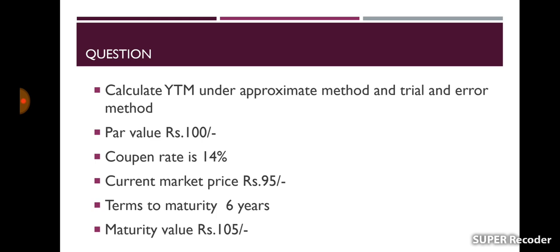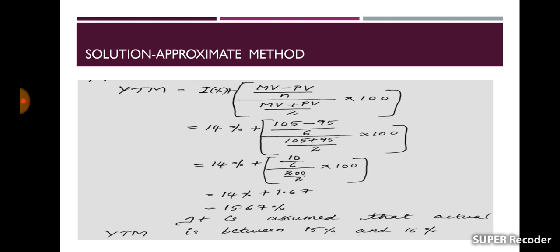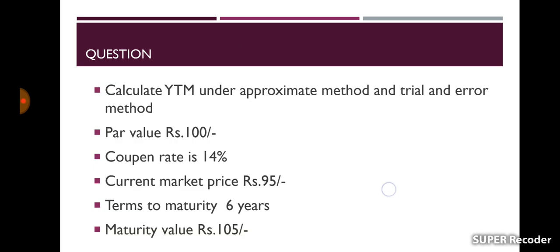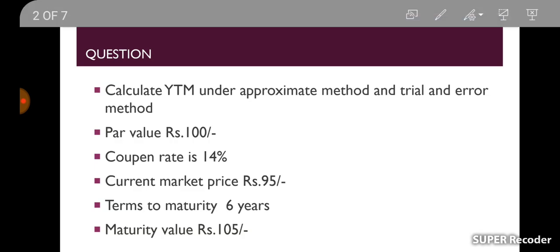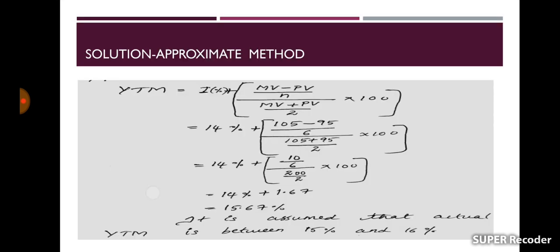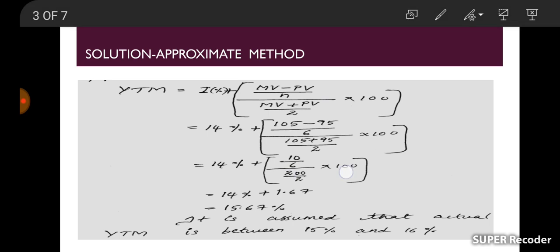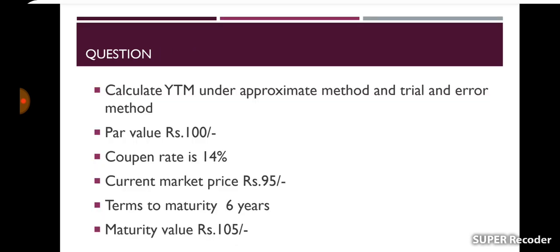Now first we can calculate YTM by using the approximate method. In the approximate method, the equation for calculating YTM is I in percentage plus (maturity value minus present value divided by n) whole, divided by (maturity value plus present value) divided by 2, into 100. Here our interest rate is 14%, so I in percentage is 14%, and maturity value is 105.